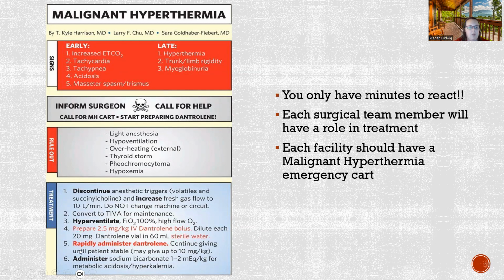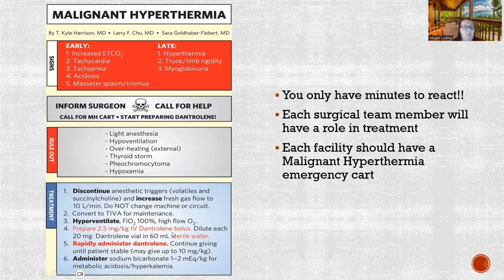The other thing they need to start doing, like I said, is this drug here, dantrolene. You need to memorize this dose because it's a common question. To administer dantrolene, it's 2.5 milligrams per kilogram, okay?